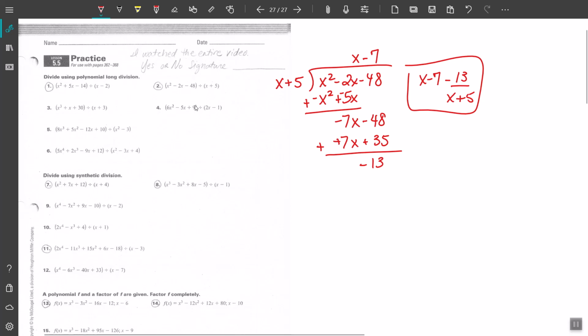Once again, if we multiplied x plus 5 times x minus 7, those two are factors, and then minus 13 over x plus 5, we would get our original polynomial back. So just try to keep in mind how all of this is connecting in with factoring trinomials.